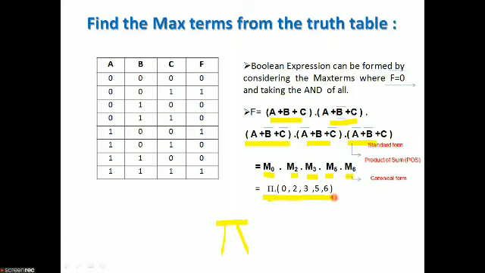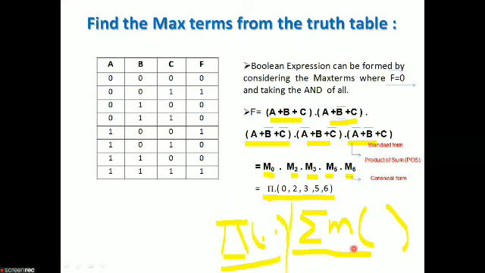From now on, if summation of min terms is written like this, we will consider it as min terms, and if this product sign is there with max terms present, then it is a max term presentation. This one is a min term presentation and this one is a max term presentation. I hope this is clear to all of you.